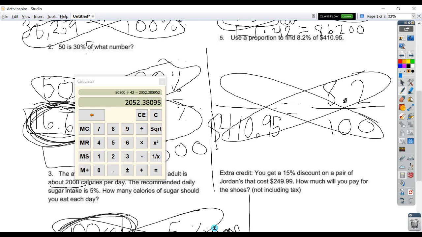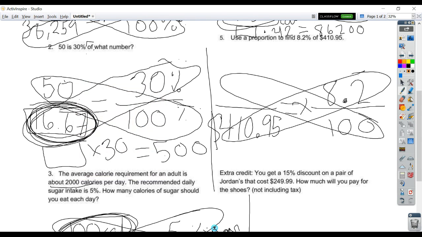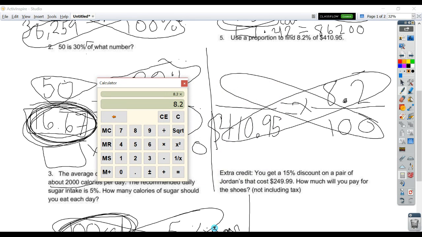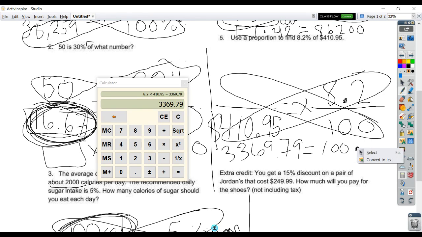And when I multiply them, this is going to give me 8.2 times 410.95, which is going to give me $3,369.79. And then over here, that's equal to 100 times some unknown. I don't know this. And later on, instead of a box, we're going to put an X, but right now I'm just using the box, so it's not confusing.